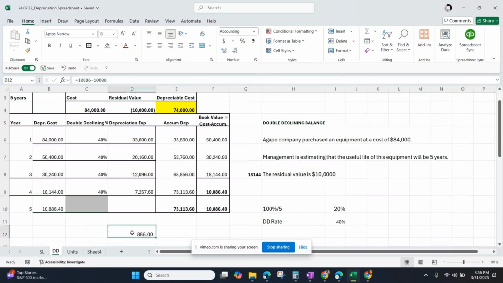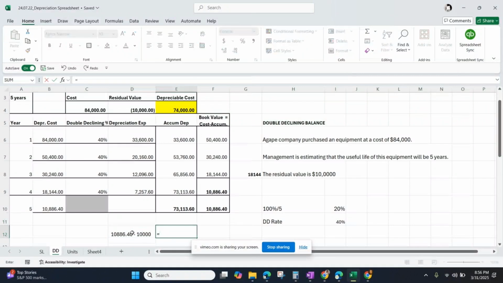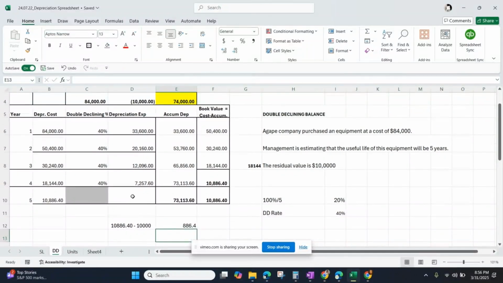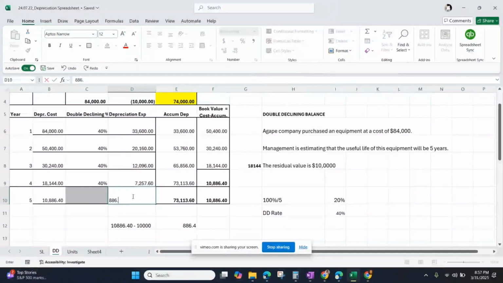So $10,886.40 minus the residual value. Let's do the actual calculation here, minus $10,000. So the last year's depreciation expense is $886.40.